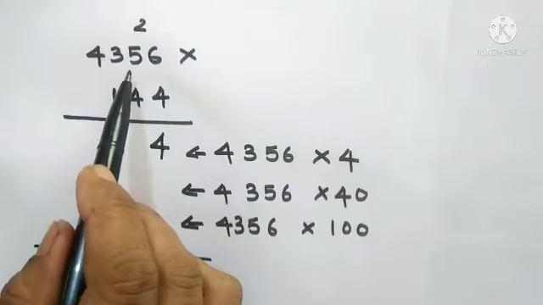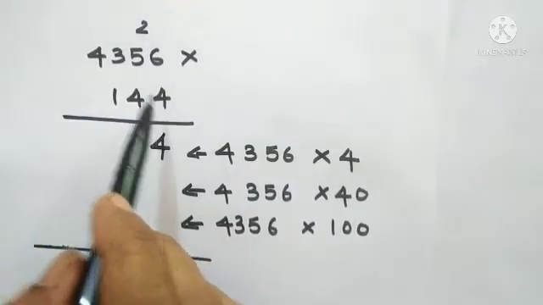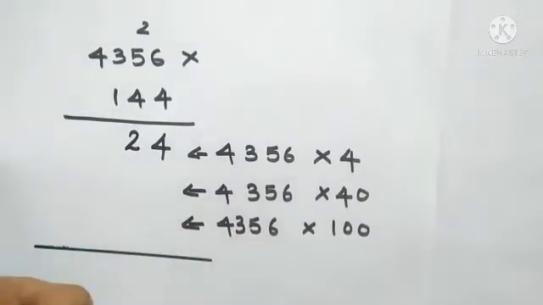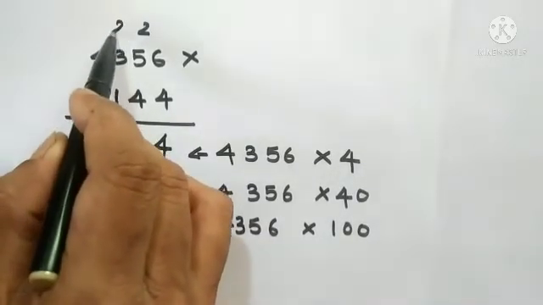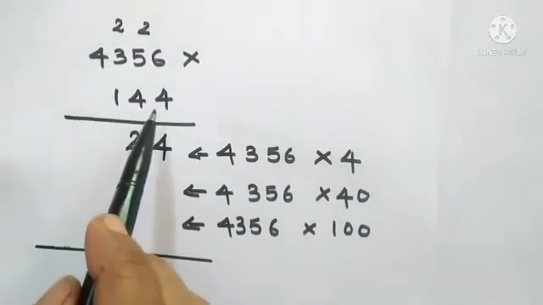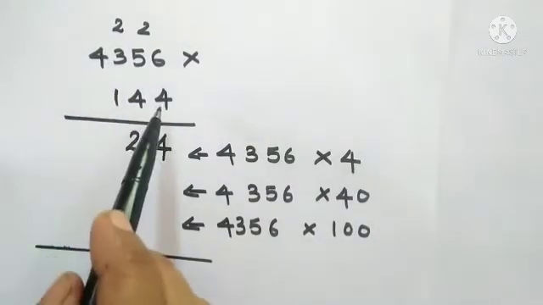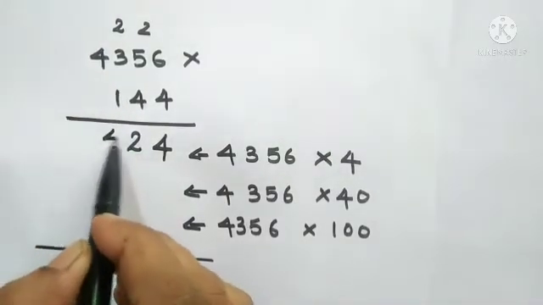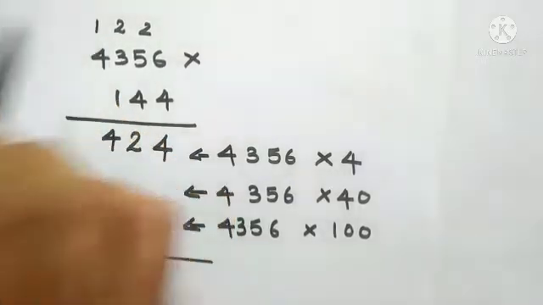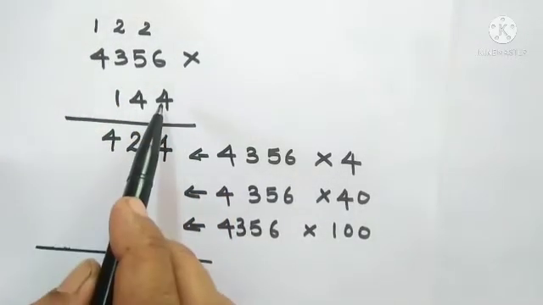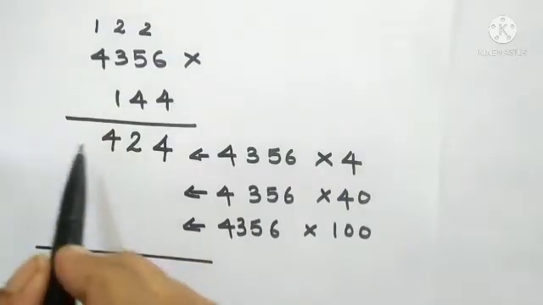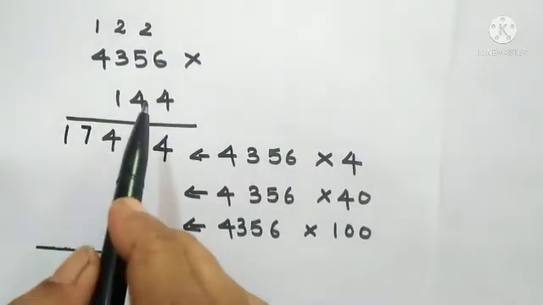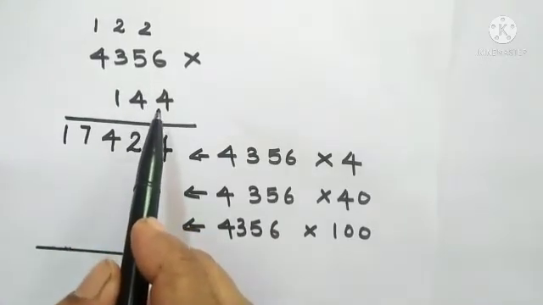Then 5 fours are 20, 20 plus 2, 22. 2 we will write here, then again 2 balance. 3 fours are 12, plus 2, 14. 4 we will write here, 1 balance. Again 4 fours are 16, 16 plus 1, 17. Okay. This is the first product we got by multiplying with 4.